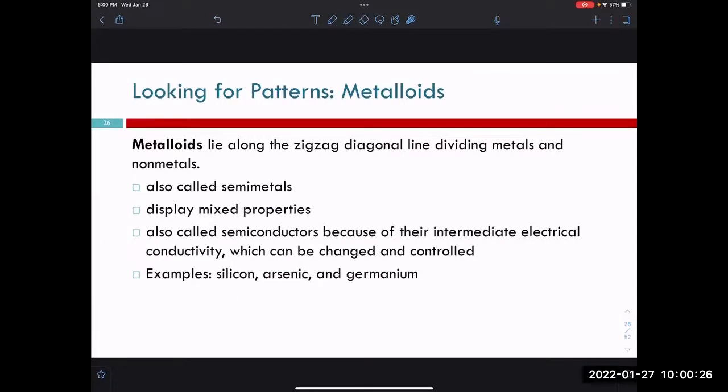Metalloids really do just have some properties of metals, some properties of nonmetals. They're also called semi-metals. They have mixed properties. They're most important for things like silicon, which is a semiconductor. So they have intermediate electrical conductivity.